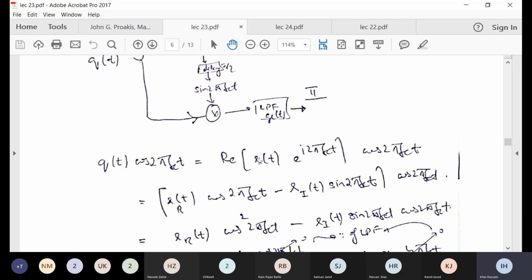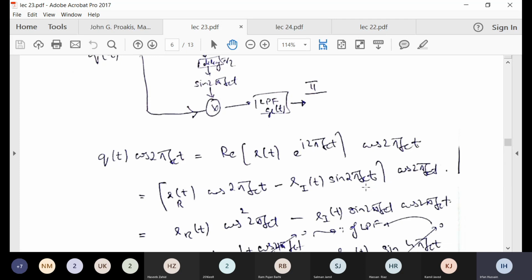So it could be complex, or because of both, you had both the sequences and the channel was also complex. All right, so in general this could be a complex number. So it will be R_R plus jR_I, and we know when we multiply this, take the real part, we will get the real part with the cosine minus the imaginary part with the sine.